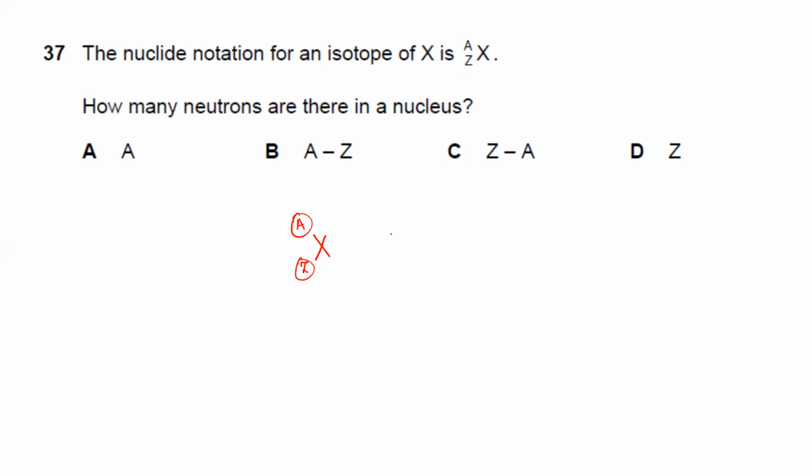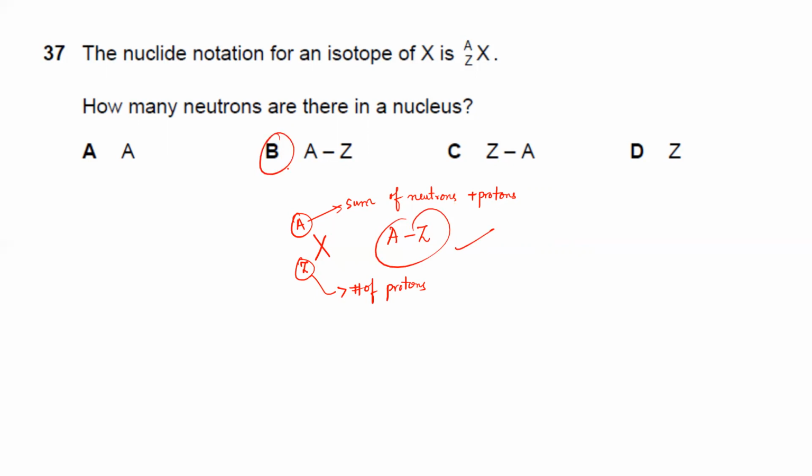A is basically the sum of neutrons plus protons. So for the number of neutrons, just subtract A minus Z, and you will get your number of neutrons. So answer B is the right choice.